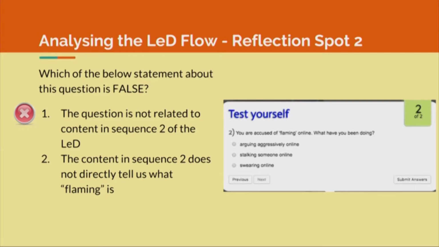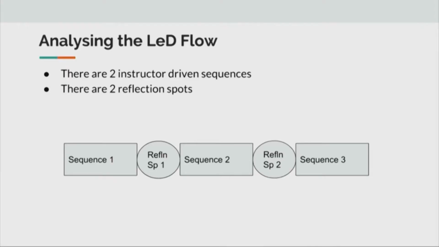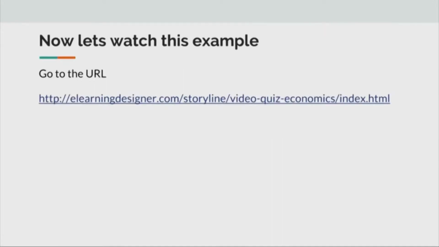So what has happened in this video? If you look at it, they have inserted the reflection spot correctly, but while operationalizing it, they have gone beyond the traditional recall and understand that is essentially required in a reflection spot.